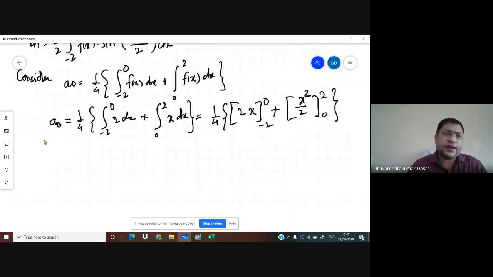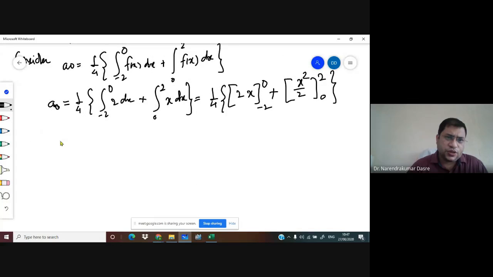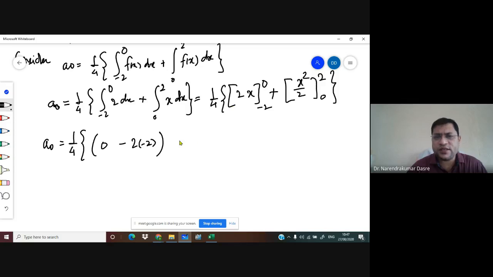Now let us apply these limits. We get a0 is equal to 1 by 4 times: for the first integral, 0 minus 2 into minus 2, plus for the second integral, 4 by 2 minus 0. Now simplify this.